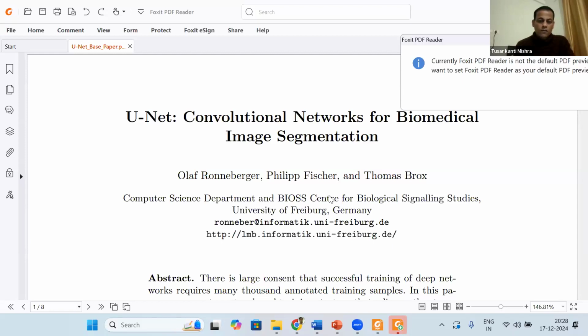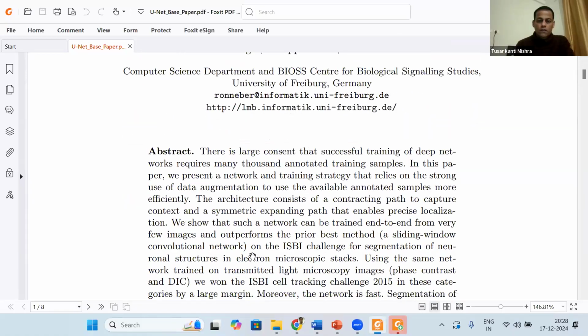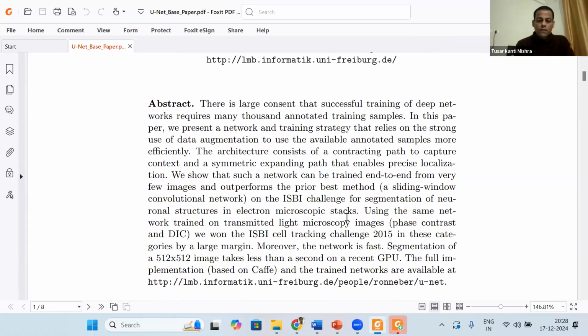The same three authors are from Germany. They mentioned that they also won the ISBI Cell Tracking Challenge 2015. Along with computational efficiency, with the fastest deep learning network compared to CNN, they have done it in a better way when run on a GPU platform.